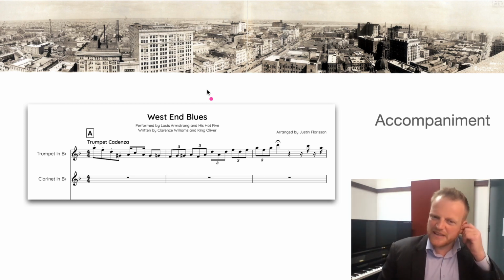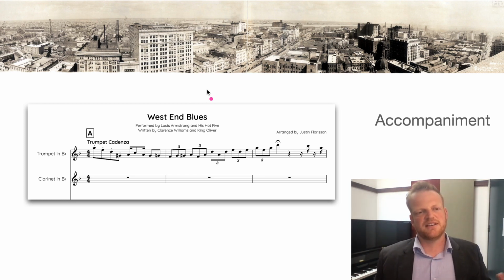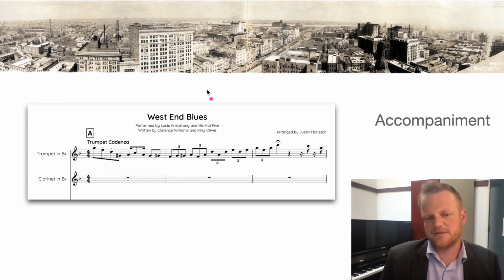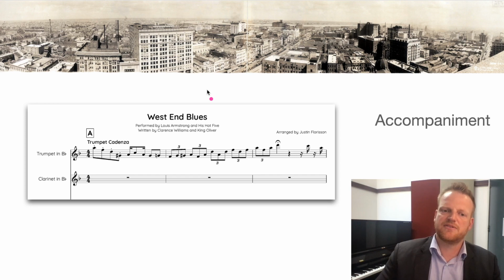It's not the best example, but you get the idea. The bass is moving around, it's softer, it's slower, it's a bit more modal in the harmony. Okay, so that's a bit of an idea of how the accompaniment changes throughout jazz.